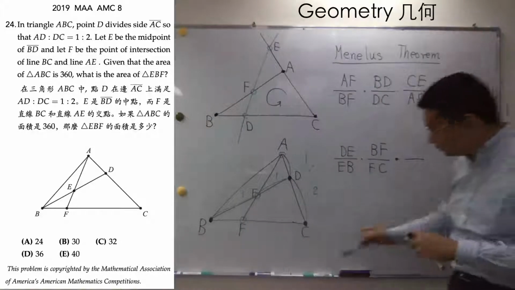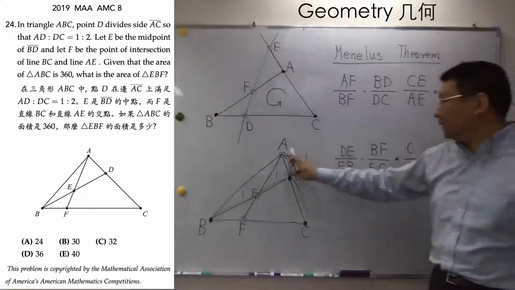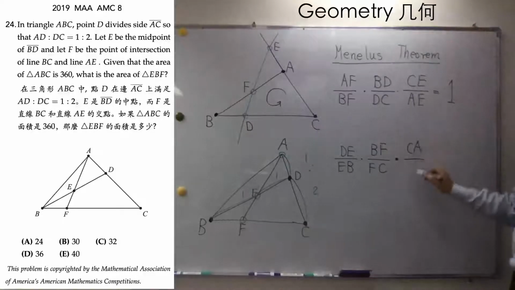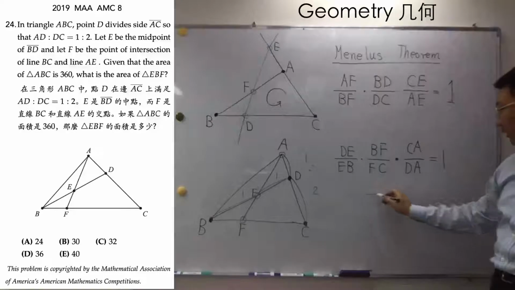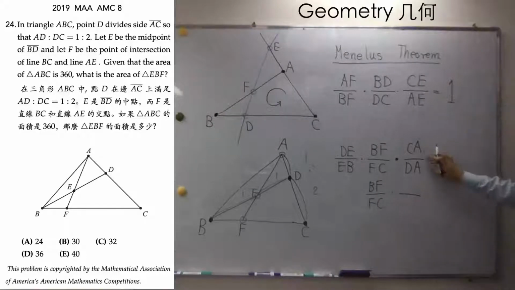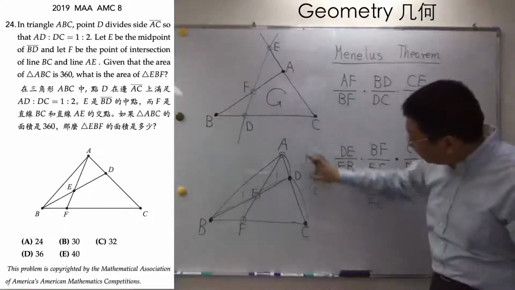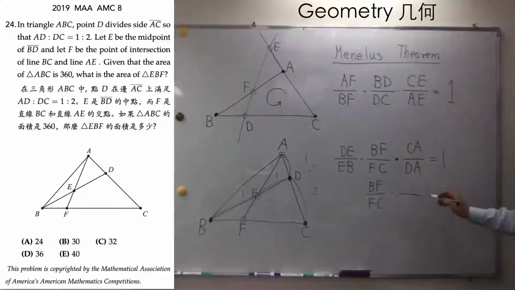We will have C to the intersection point A versus D to the intersection point A, and that equals 1. So DE over EB is 1, we can ignore. So BF over FC times CA over DA. CA is the whole thing, DA is just this, so it would be 1 to 1 plus 2, so 1 to 3. CA would be 3, DA would be 1, that equals 1.